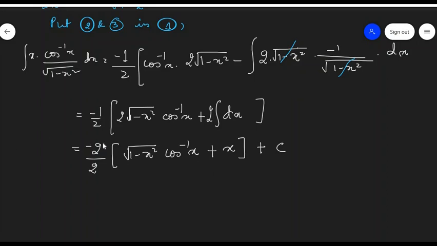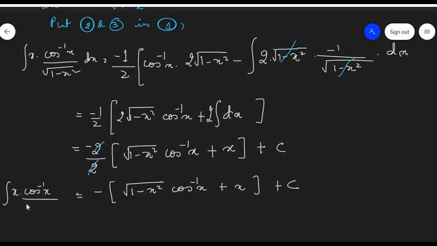Now I can cancel this 2 and this 2 and write the answer finally as minus square root of 1 minus x square cos inverse x plus c, and this is the final answer. So integration of x cos inverse x upon square root of 1 minus x square is minus square root of 1 minus x square cos inverse x plus c.